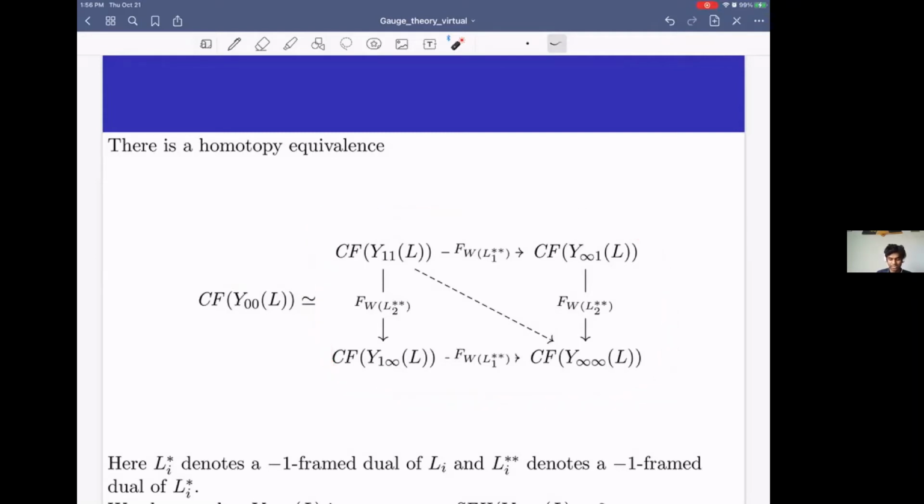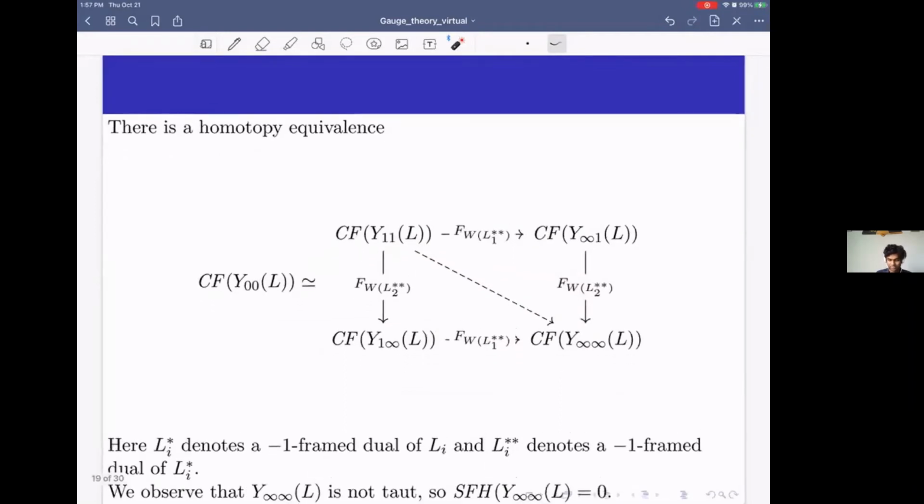This complex is stated as a diagram, and what this diagram means is that if you go this way and if you go this way, they are not the same, but they commute up to homotopy, and the homotopy is given by this diagonal arrow. And these maps are exactly the surgery maps in the Kirby picture.